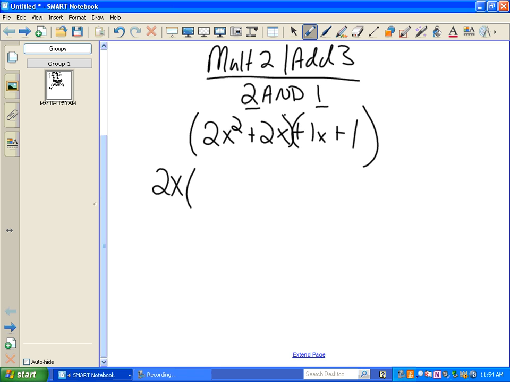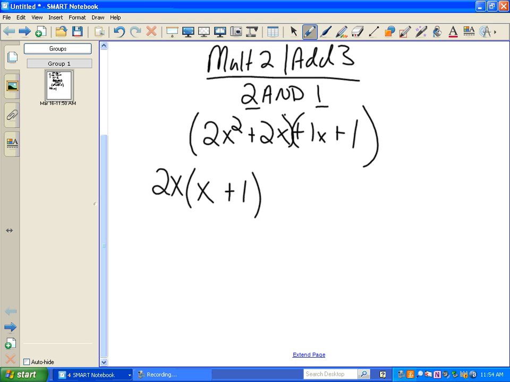What's left inside the parentheses, Garrett? X. Well, we need something for this 2x here. What do we put in its place? Yes, x plus 1. Good.